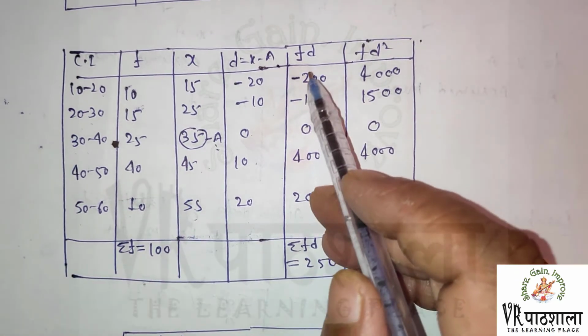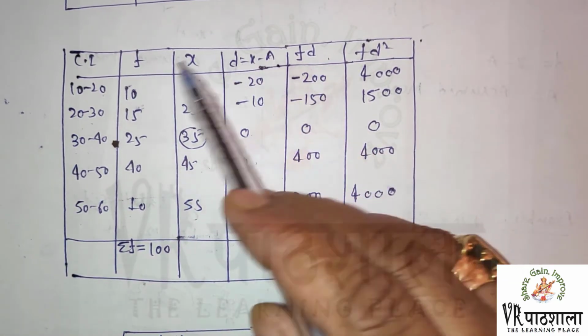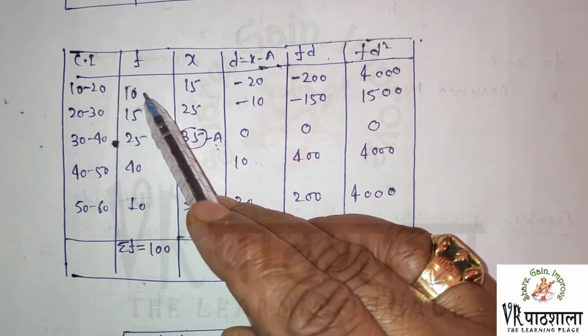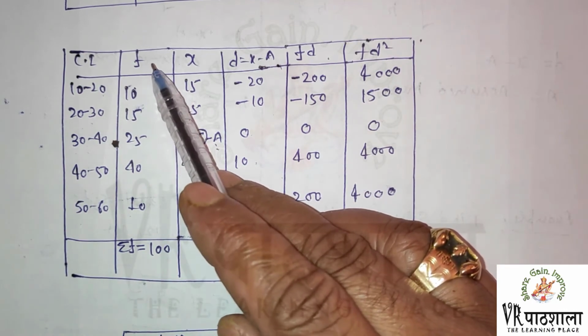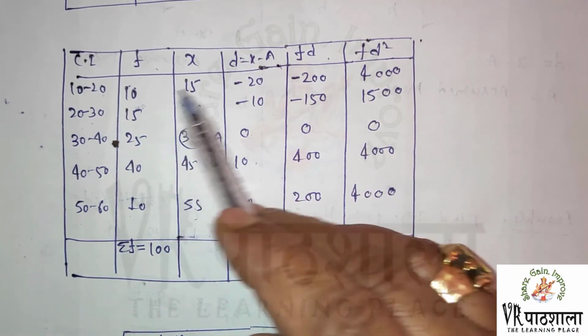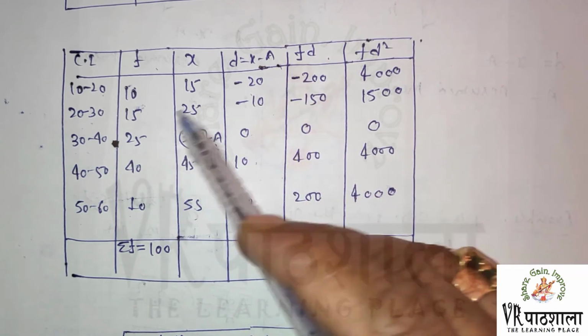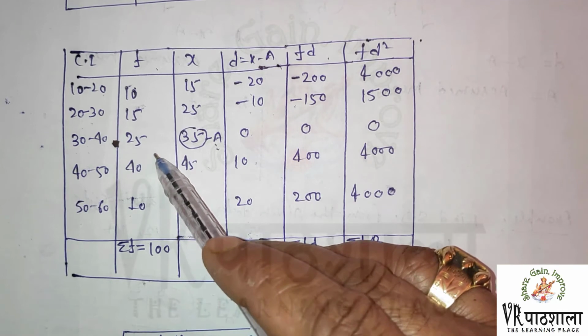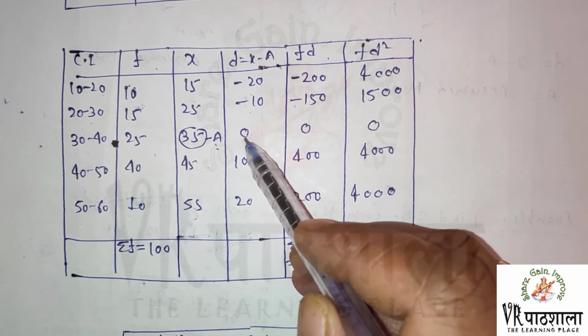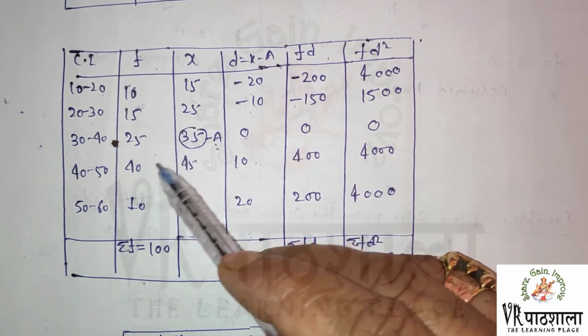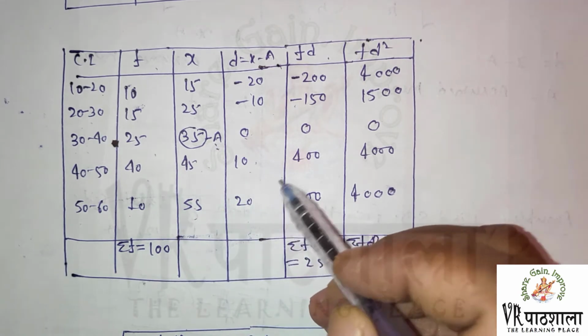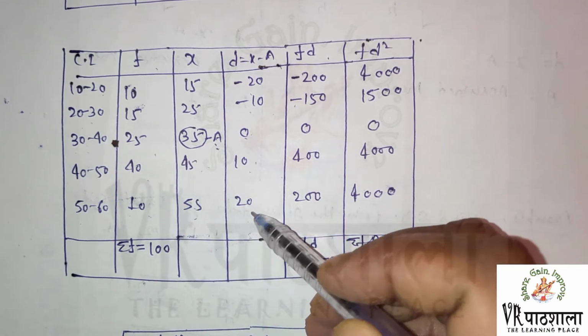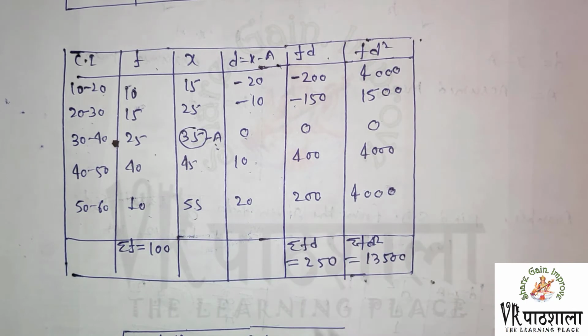Now we calculate f into d by multiplying column f and column d. So 10 into minus 20 is minus 200, 15 into minus 10 is minus 150, 25 into 0 is 0, 40 into 10 is 400, 10 into 20 is 200.